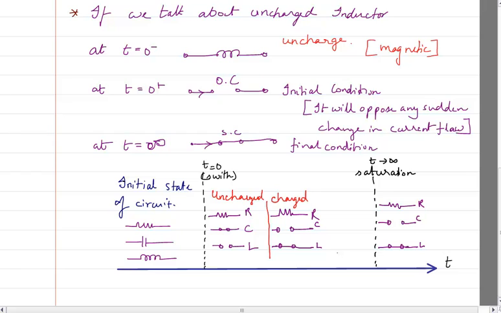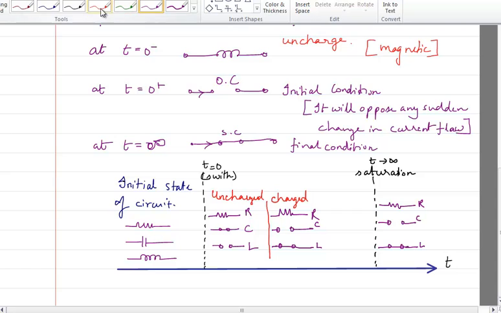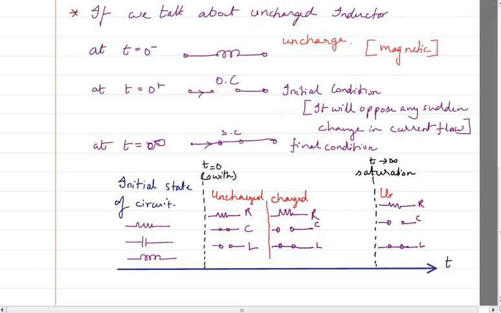Okay, if it is charged, it will work as a short circuit. This is for the case of uncharged.